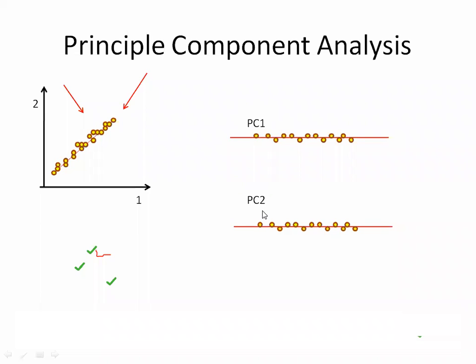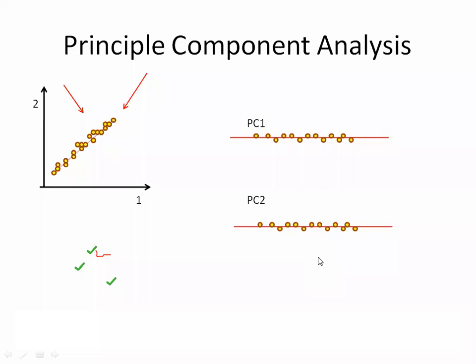How can we decide the priority of these principal components? There is no rule for the priority. We can define PC1 first, then principal component 2, then 3, then 4, then 5.